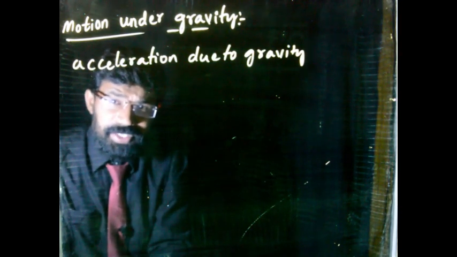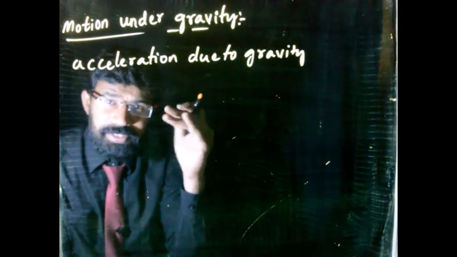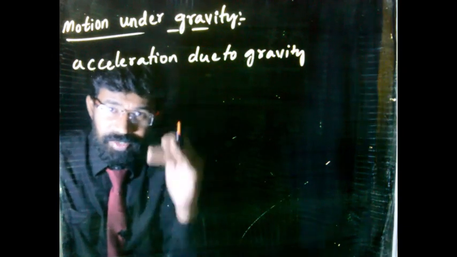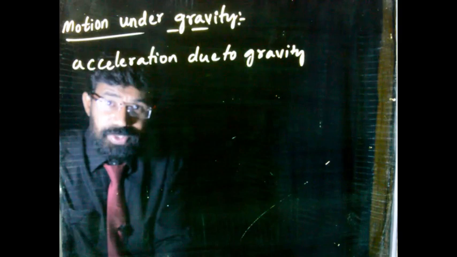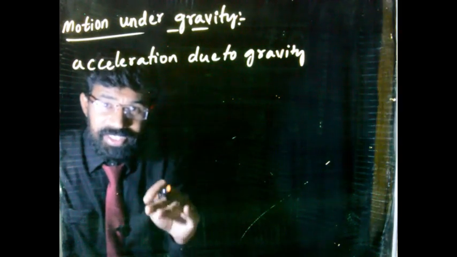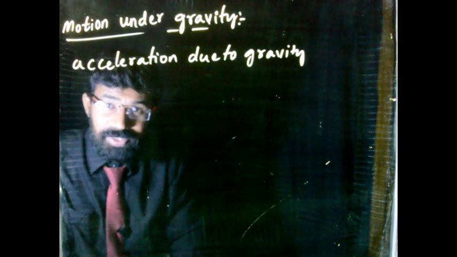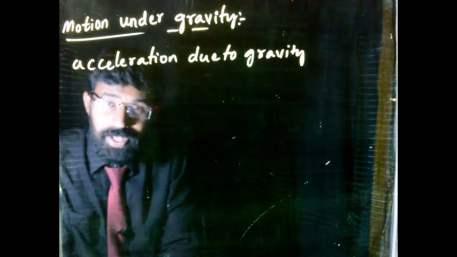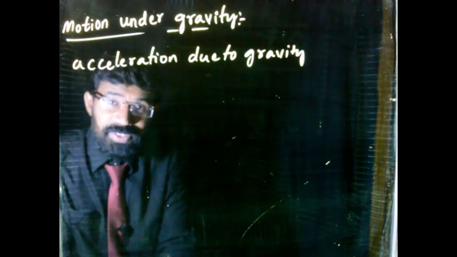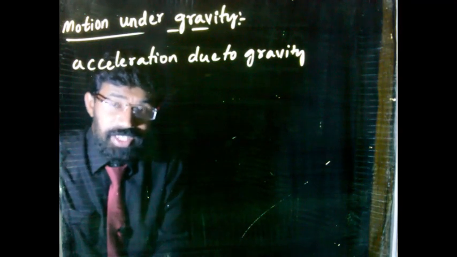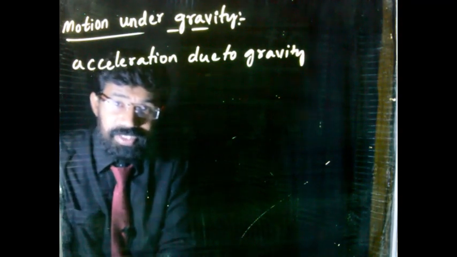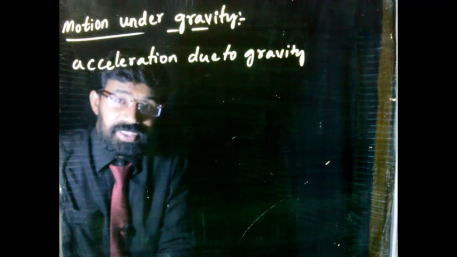Its velocity gradually decreases, and after reaching a certain height, its velocity becomes 0, and from there it falls back again, isn't it? If you drop a body, what happens to its velocity? Its velocity gradually increases. By the time it reaches the surface, its velocity becomes maximum. So here the velocity is changing, but the change is different in upward and downward motion. In the upward direction, the velocity decreases.